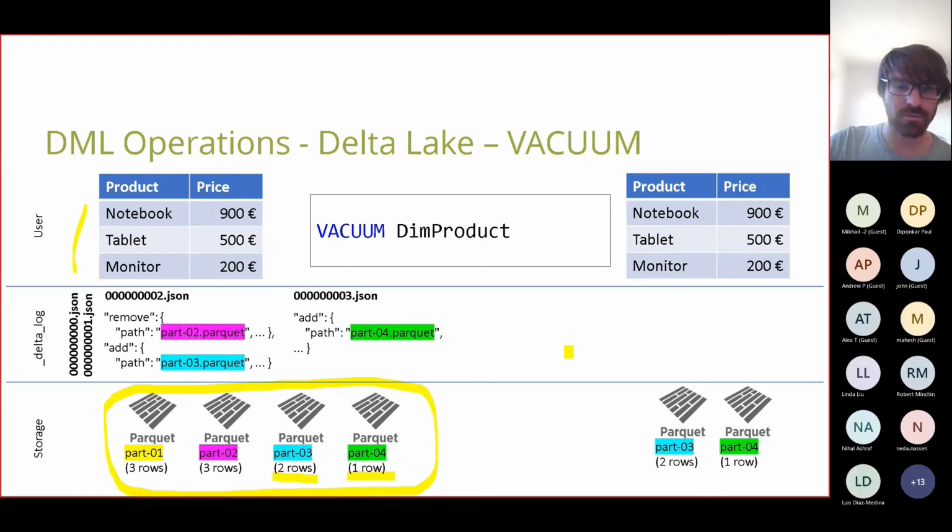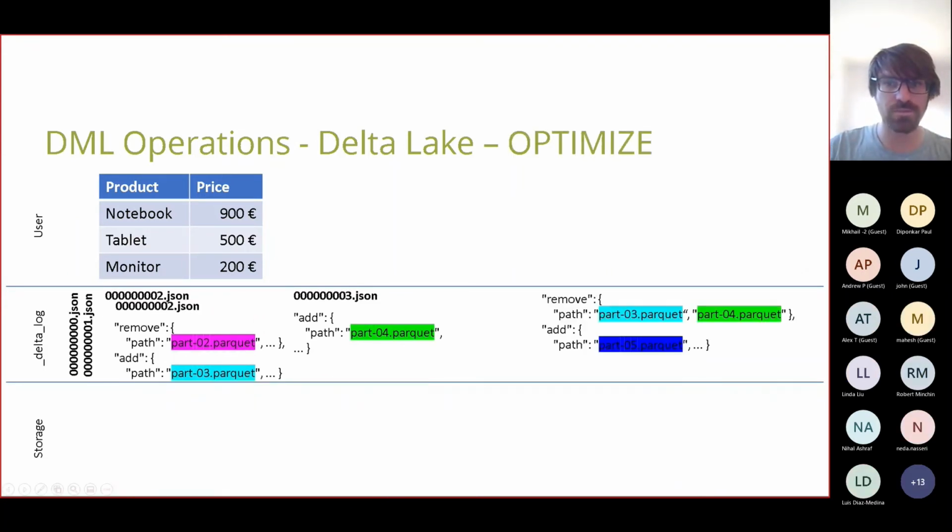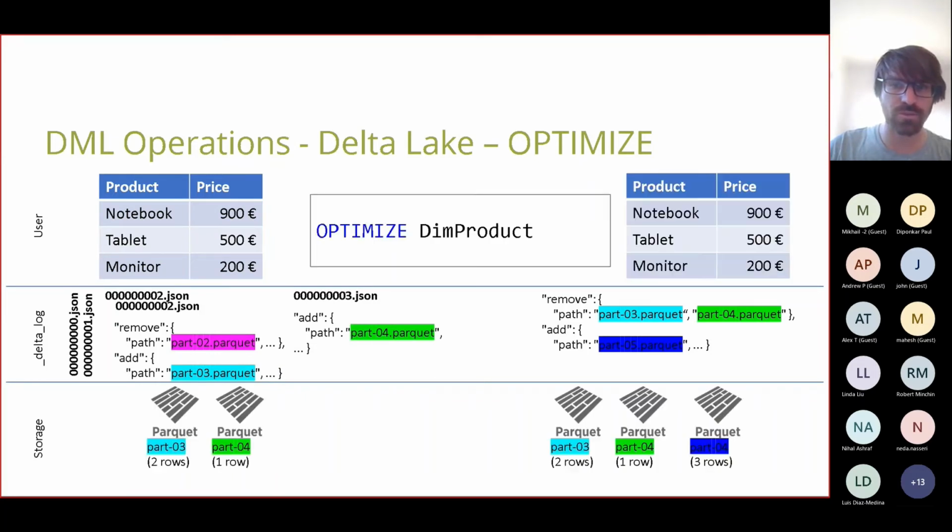On the other hand, if you have a look at optimize, optimize basically ensures that small files like those, which contain only 2 rows and 1 row, are combined into one file again, as I said, to improve performance.